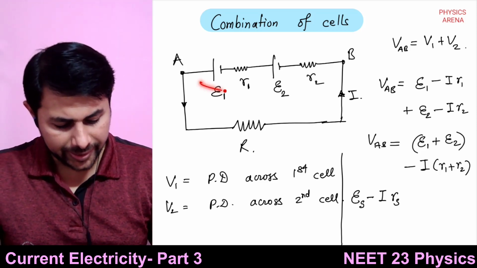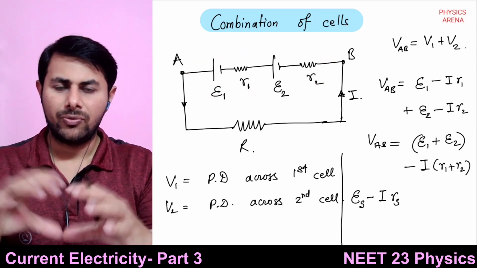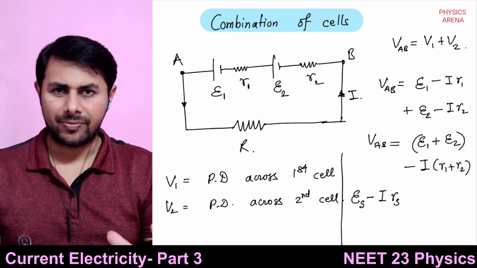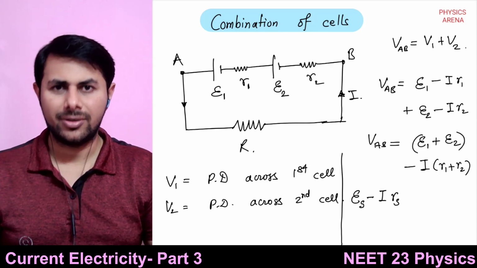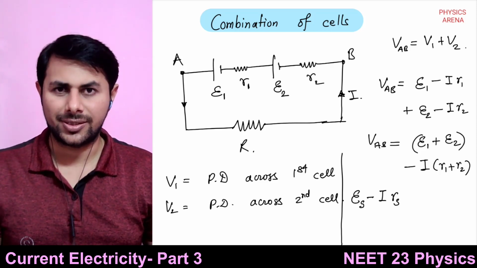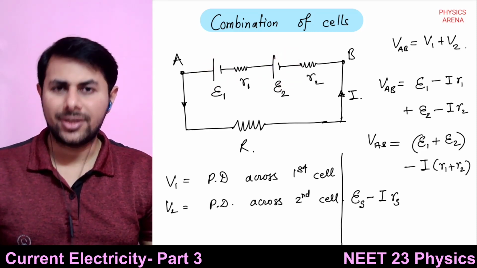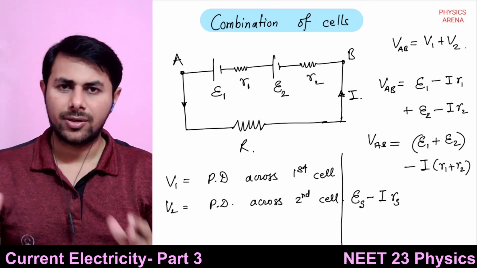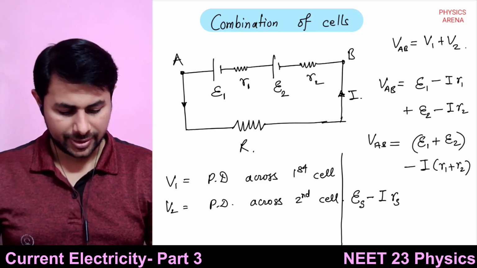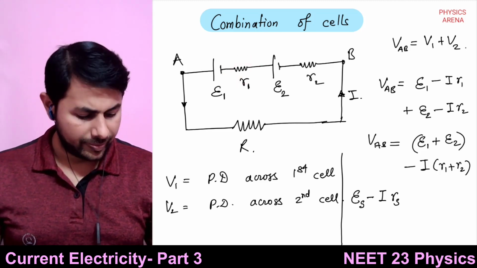So if you think that this is one complete cell, one battery, what is its EMF? Suppose it is epsilon S, S for series combination. What is its internal resistance? It is RS, S for series combination, right?